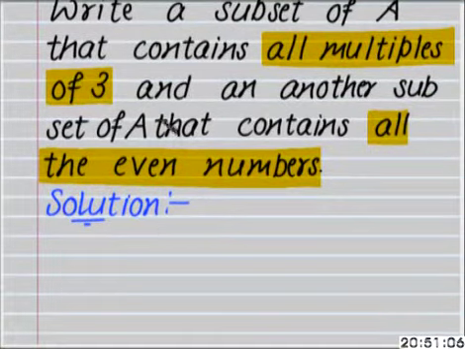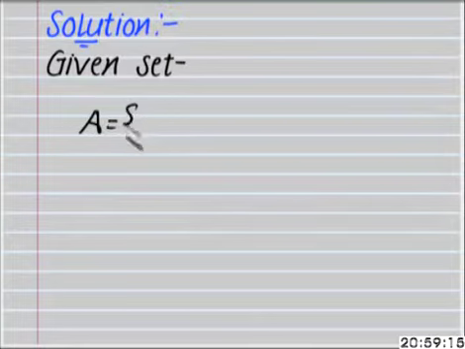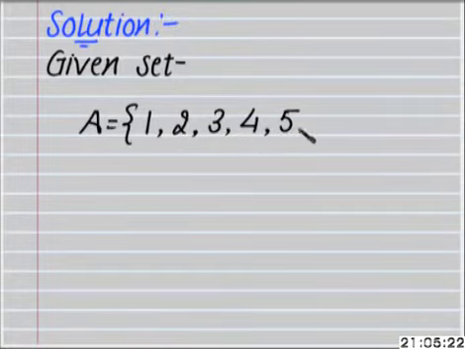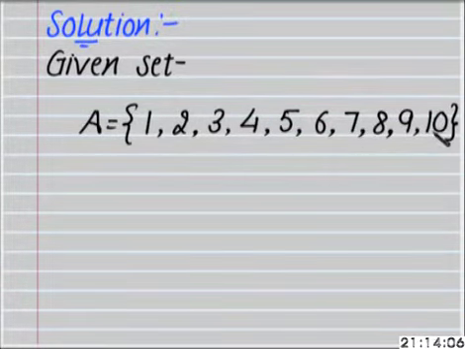Now its solution. The given set A containing elements 1, 2, 3, 4, 5, 6, 7, 8, 9 and 10, that is all the natural numbers less than equal to 10.